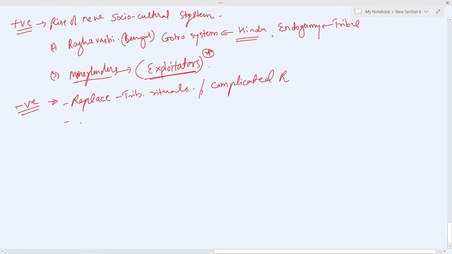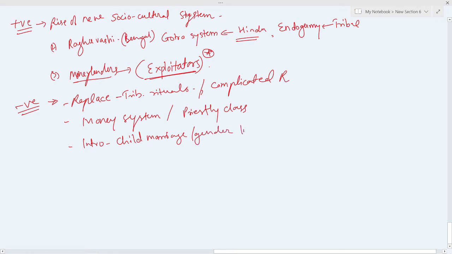Next, they introduced a money system, and they established a need for a priestly class. Then there is the introduction of child marriage and gender inequality.